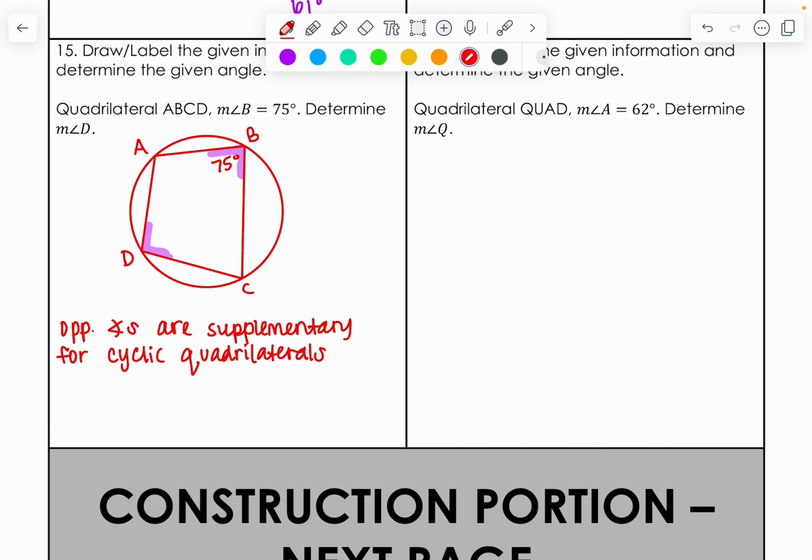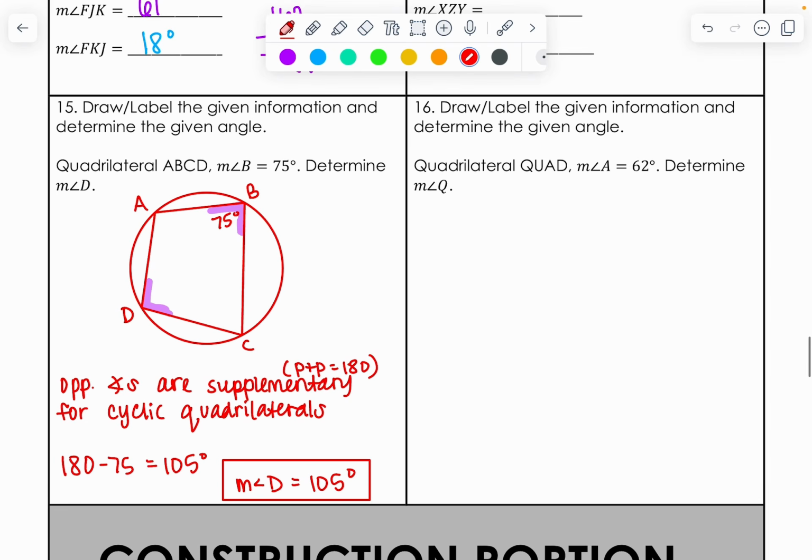So just subtract from 180. Supplementary means part plus part equals 180. So if we take 180 and take away 75, that's going to be 105 degrees. So the measure of angle D equals 105 degrees. All right, go ahead and try number 16.